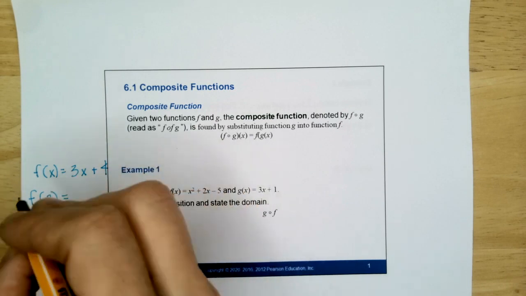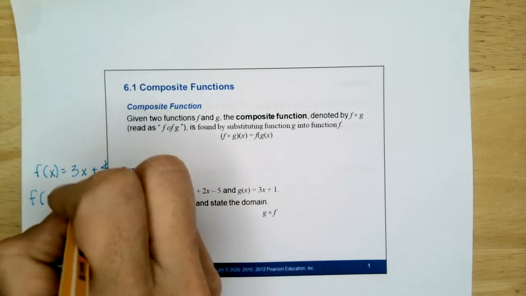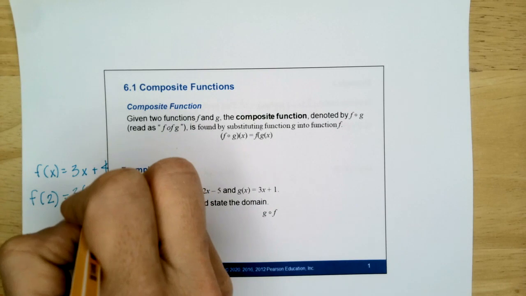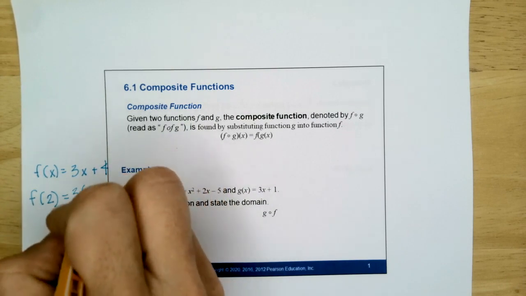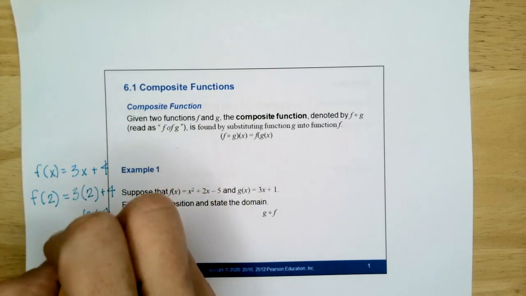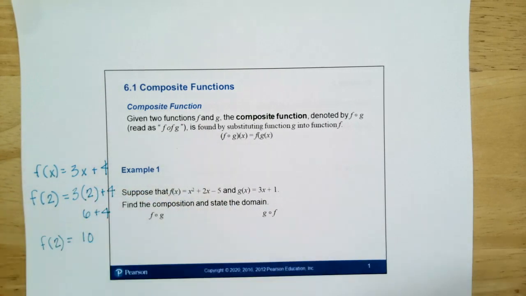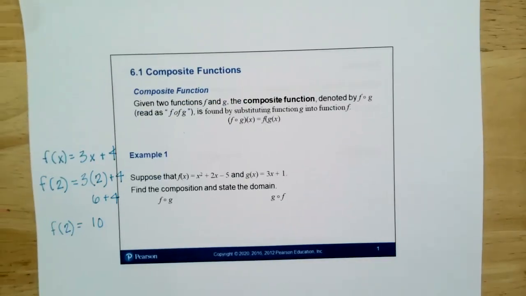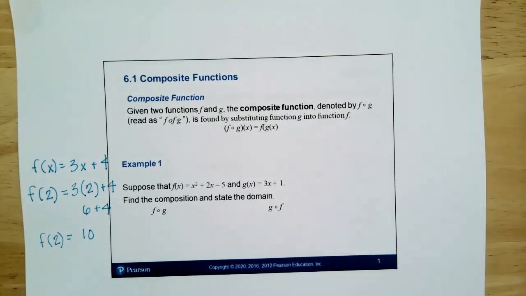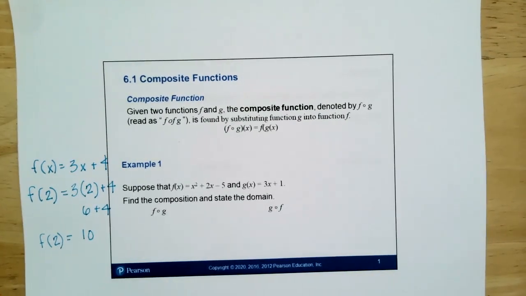So f of 2 is equal to 3 times 2 plus 4. 3 times 2 is 6. 6 plus 4 is 10. So we say f of 2 is 10 because f of x is 3x plus 4. So when I put in a 2 for that x, I get 10 as the answer. How do I find f of g?